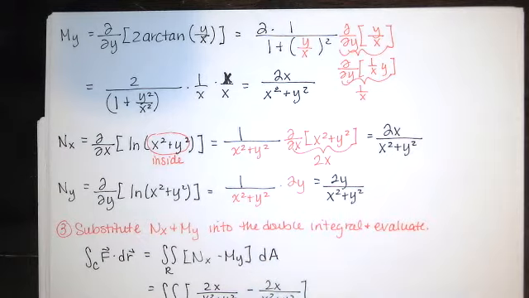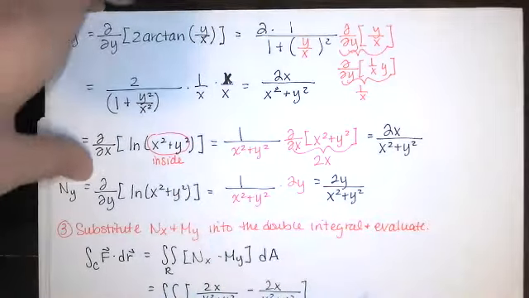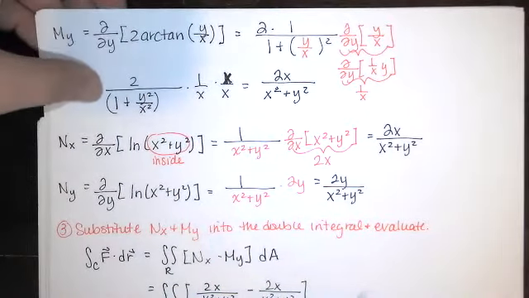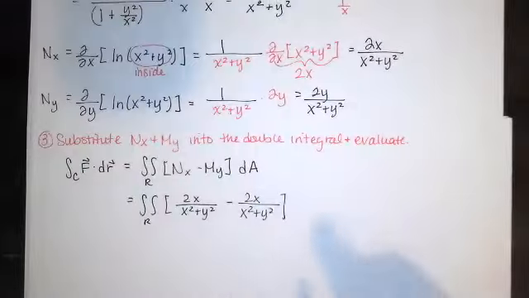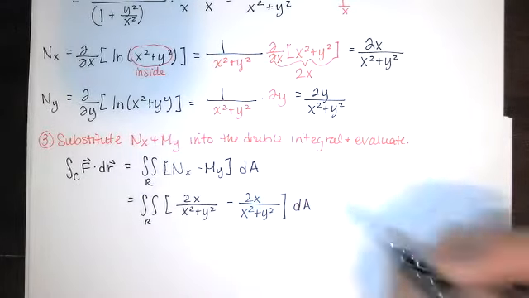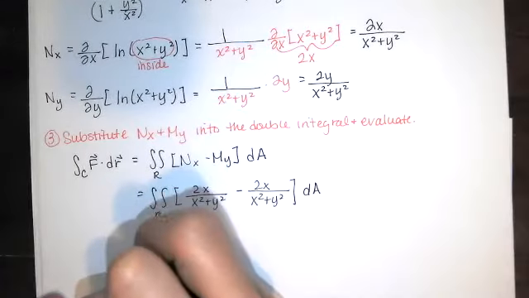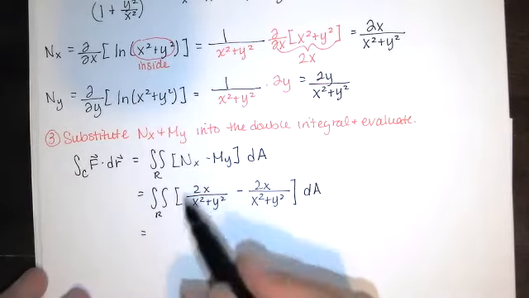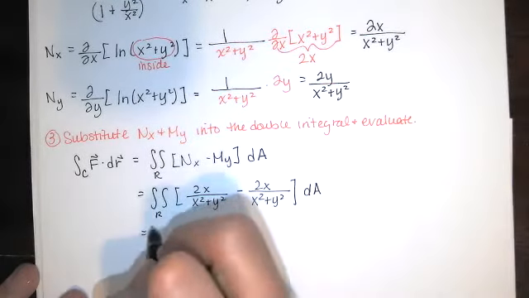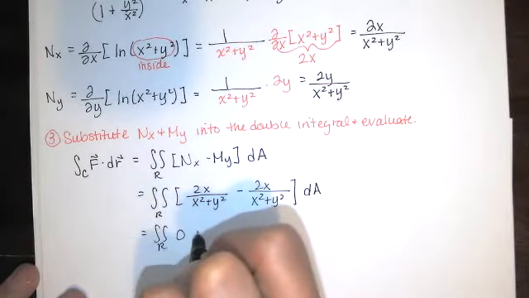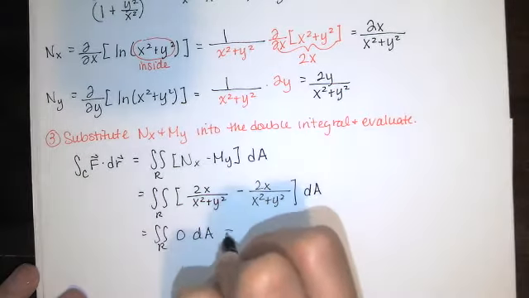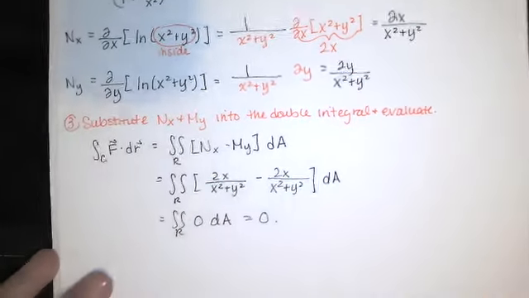Now that may not have been obvious if I hadn't simplified that first to clear my complex fractions. But after simplification, we see those are equal to each other. If these are equal, that means the field is conservative. And of course, that is 0.